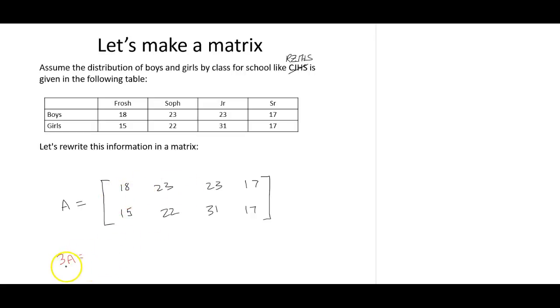So the real-world interpretation of this is what RZJHS would be if we tripled in size. If we could triple our enrollment and look exactly like we do in this matrix, that's what 3A would represent. It's a matrix giving the information of what RZJHS would look like if tripled.